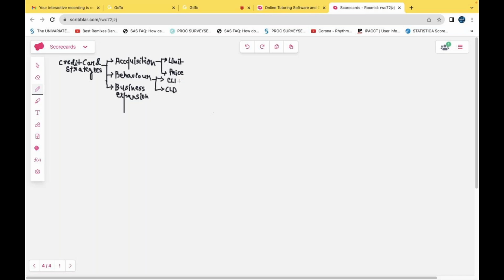These are the two most important strategies that need to be taken up. Once we talk about these, there are other strategies such as cross-selling and upselling strategies, and then the fresh acquisitions, or assessing fresh opportunities.